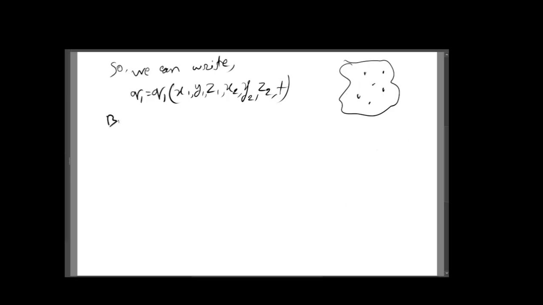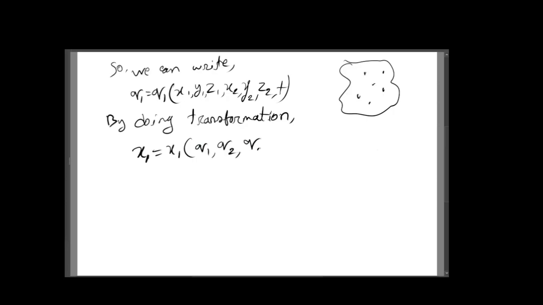Now by doing transformation, the components of the Cartesian coordinate system are x1 is equal to x1 of q1, q2, q3, dot dot, q3n and t.